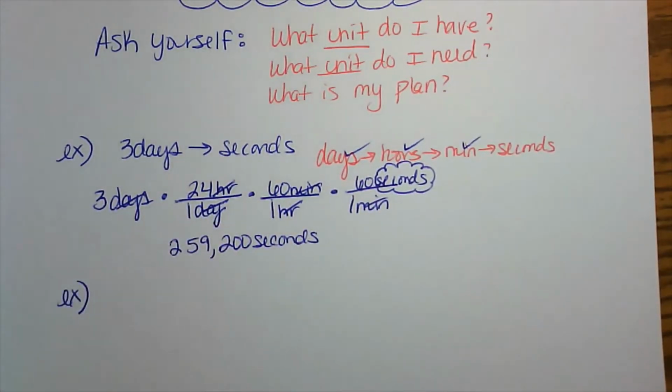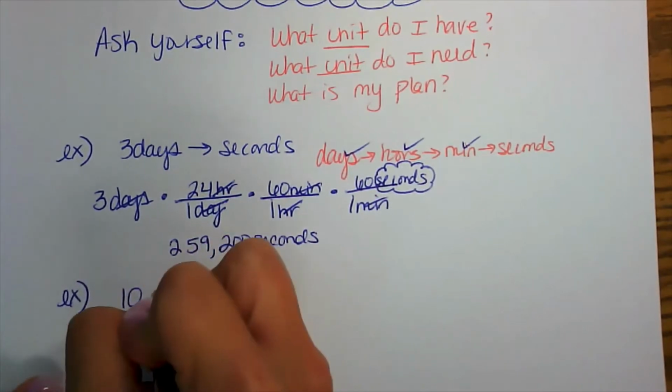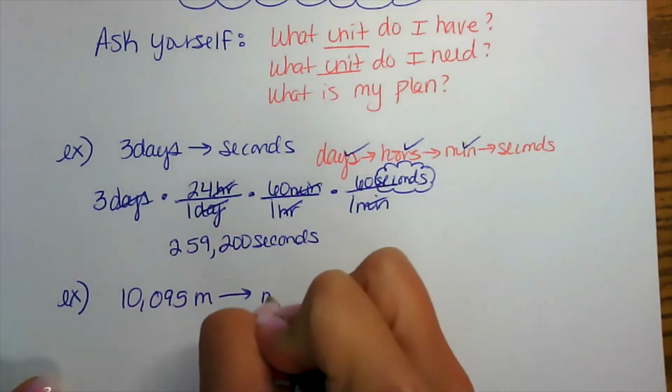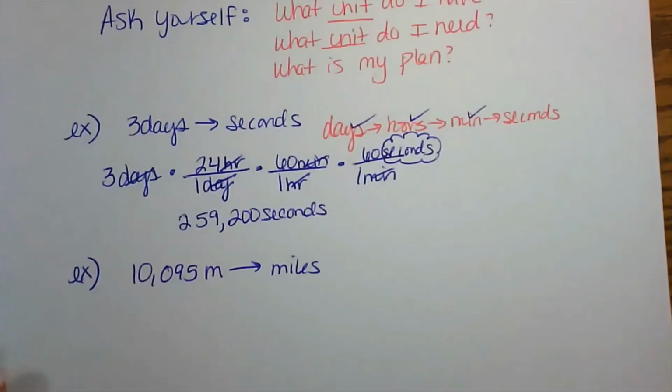Next, we are going to convert 10,095 meters to miles. For this conversion, I need to be given a few units. I'm not expected to know these. I will be given ones that connect from the imperial unit system to the metric conversions.